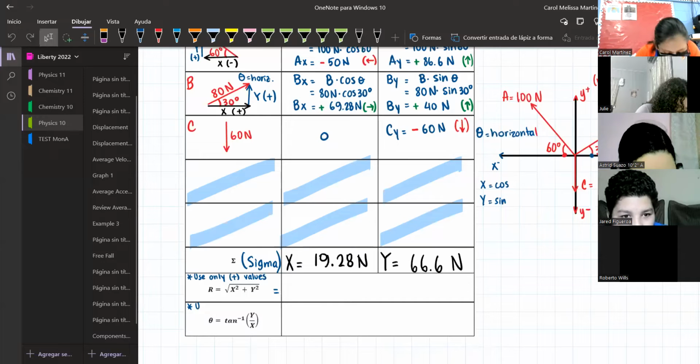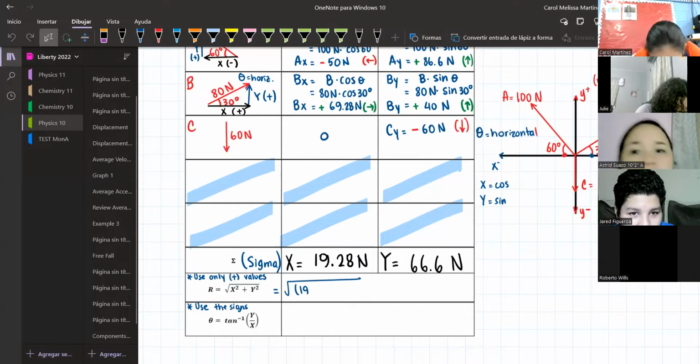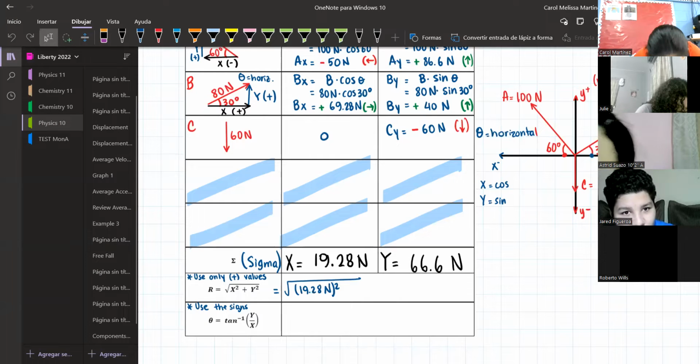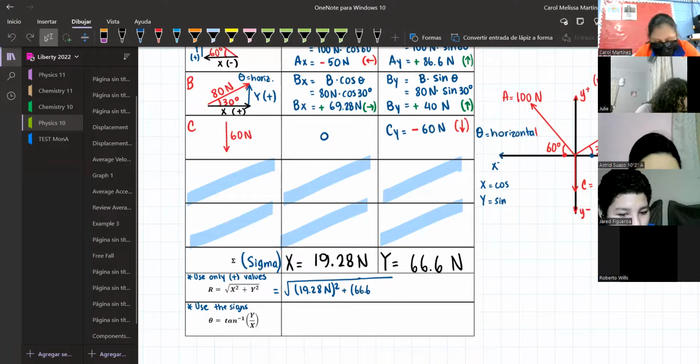Now to calculate the angle, you will use the signs, okay? The signs that you get, you will use the signs in the second one. Now we apply the formula to get the R. It is 19.28 Newton square plus 66.6 Newton square.